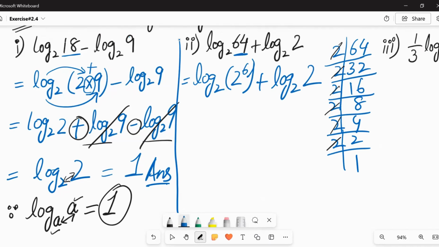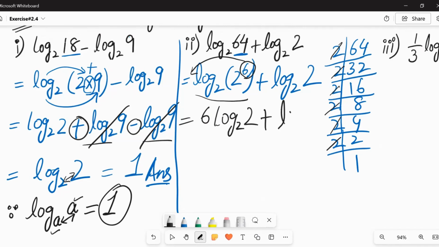Now we'll use the property of a log, which says if we have a term like this, we can move the power before the log. So I'll write it like this: 6 log base 2 of 2 plus log base 2 of 2.